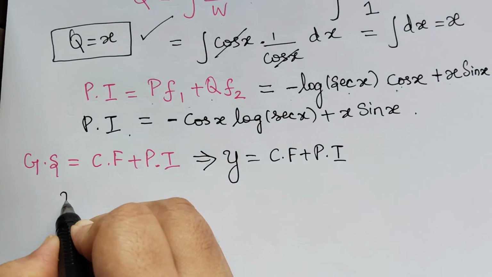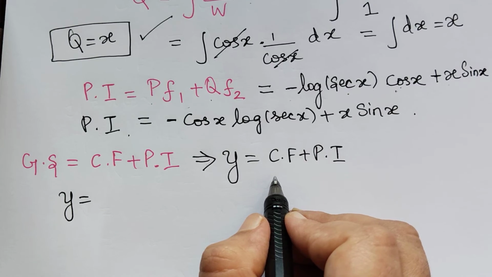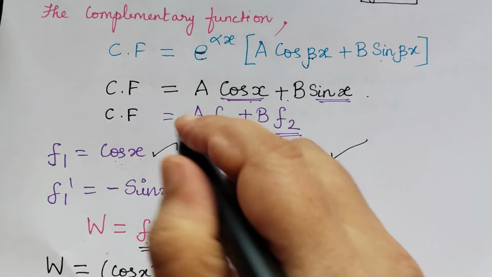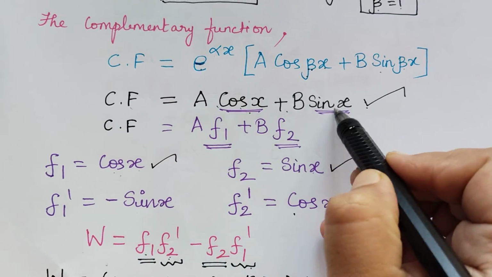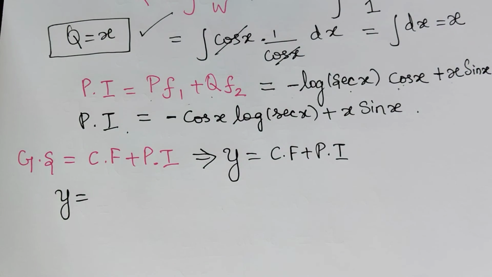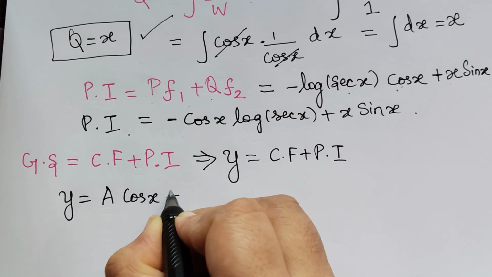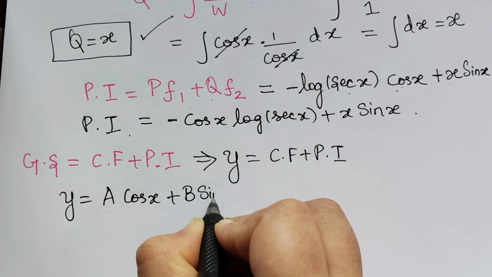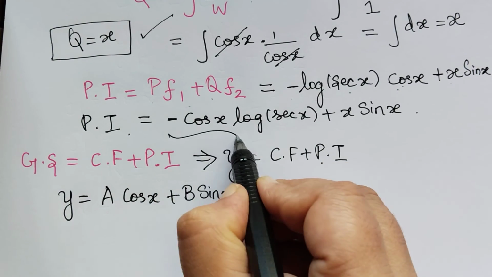So y will be equal to, what is the complementary function in our problem? It is here. The complementary function is a cos x plus b sin x. So we will substitute this. So a cos x plus b sin x plus the particular integral.